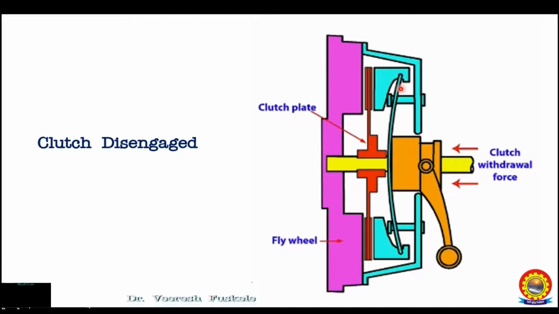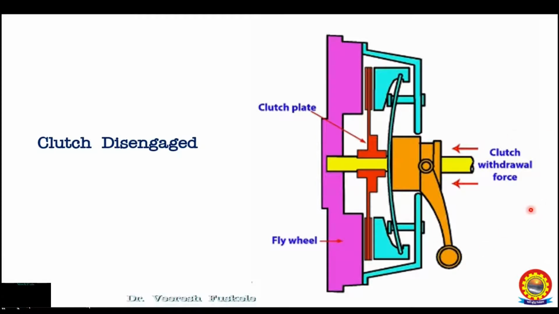The force which holds the clutch plate against the flywheel is released. So we can immediately see that the contact between the clutch plate, the flywheel and the pressure plate is broken. So the link between the engine and the gearbox is also broken now. That's what happens when the clutch pedal is pressed, or the clutch is disengaged.